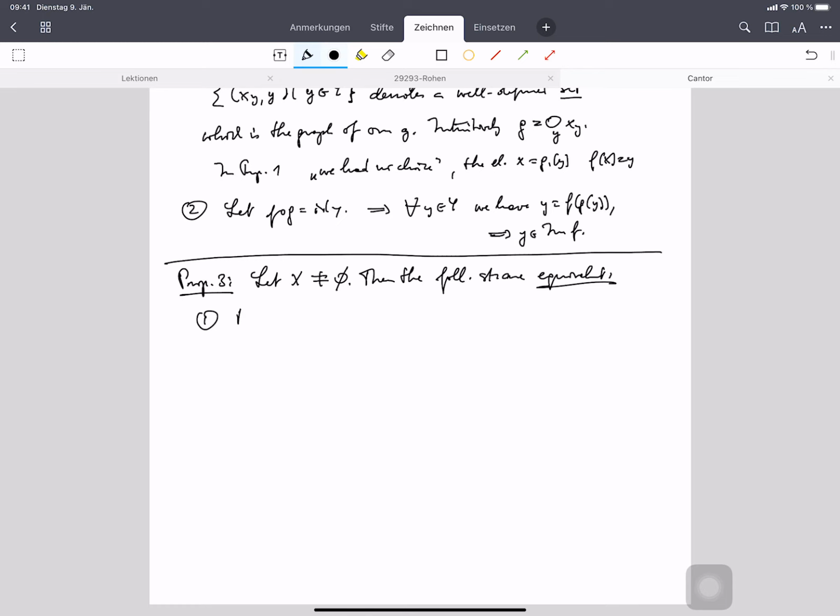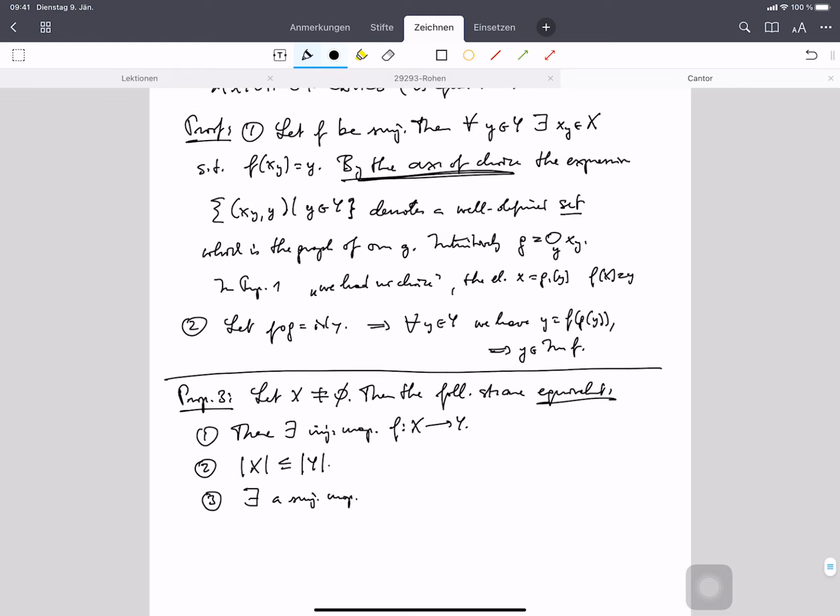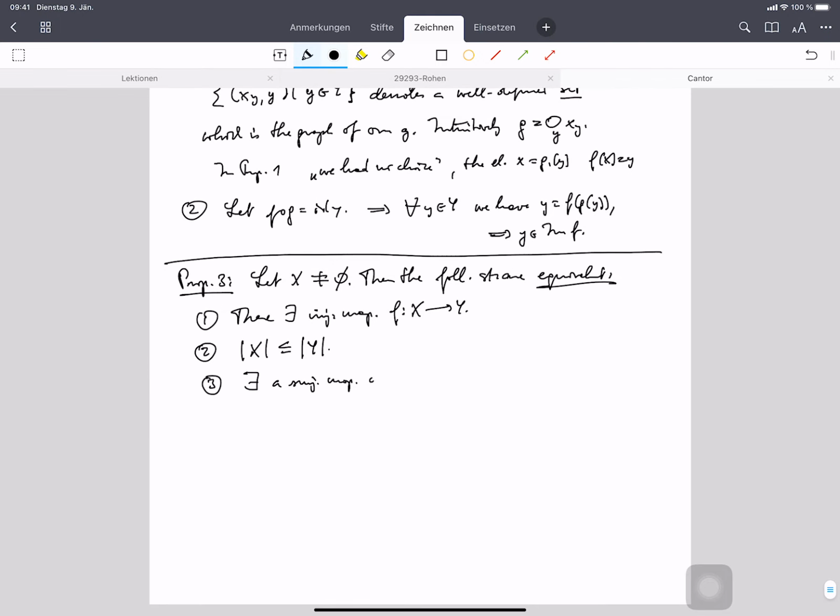One, there exists an injective mapping f from X to Y. Two, X has cardinality less than or equal to that of Y. Three, there exists a surjective mapping g from Y to X. Proof.